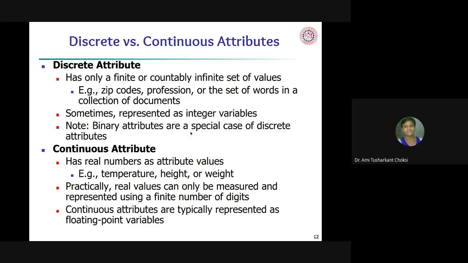The data mining algorithms are designed in a way that they can typically work with discrete attributes, but only specific cases will work with continuous attributes. Otherwise, we need to convert the continuous attribute into a discrete attribute, and after that we can apply any particular algorithm.